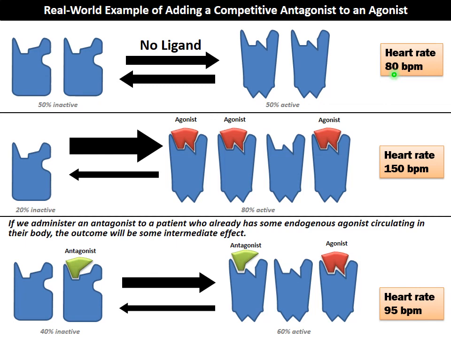Even though we always have a little bit of norepinephrine or epinephrine, just imagine we're starting with low or none. Then all of a sudden you start exercising and you start releasing epinephrine and norepinephrine, which would really be full agonists. They only prefer the active conformation, so they're going to shift the equilibrium to the right.